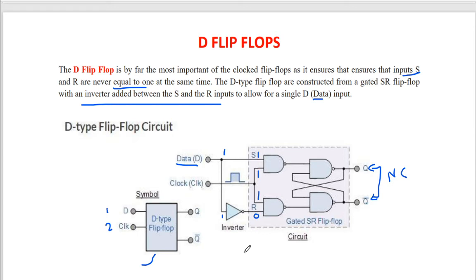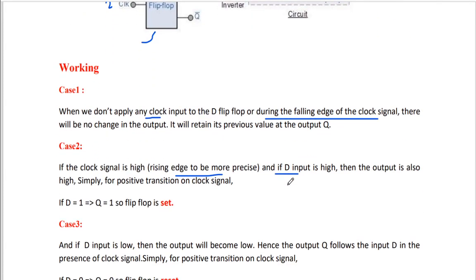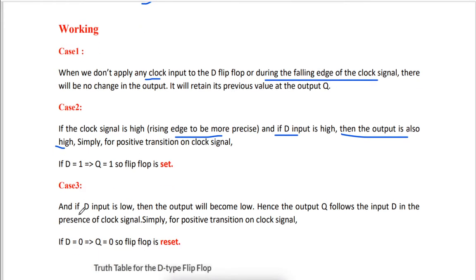So what will happen? Here it will be 1 and here it will be 0. Here it will be 1 and the upper NAND gate will produce a low output, whereas the lower NAND gate will produce a high output. Okay, so then the output is also high. That is simply for the positive clock edge transition.